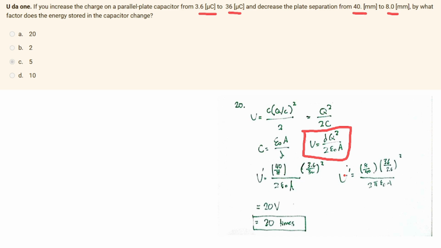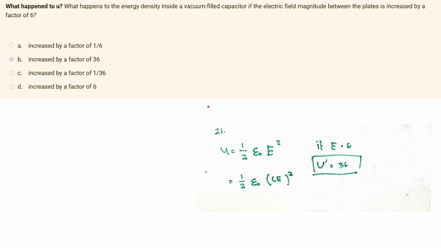Solving this, we get that this is equal to 20. Not 20 volts, 20 in potential energy, which means it is 20 times bigger than the original capacitor.